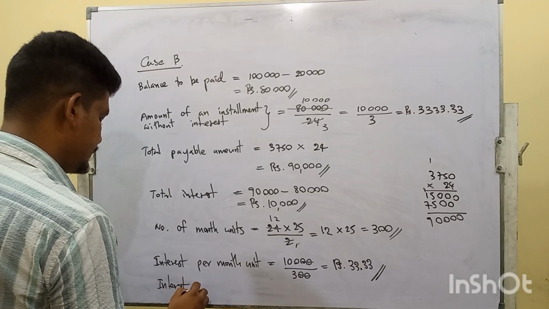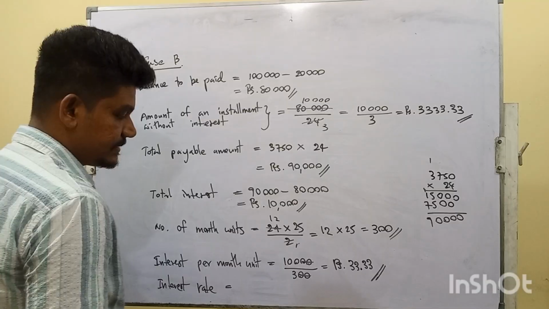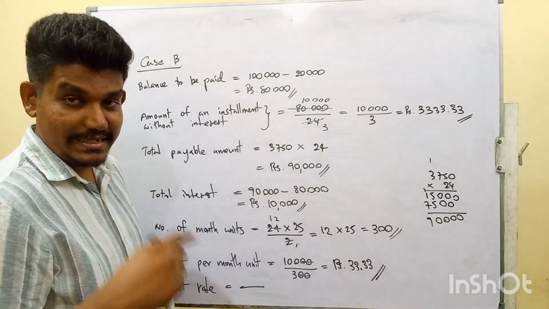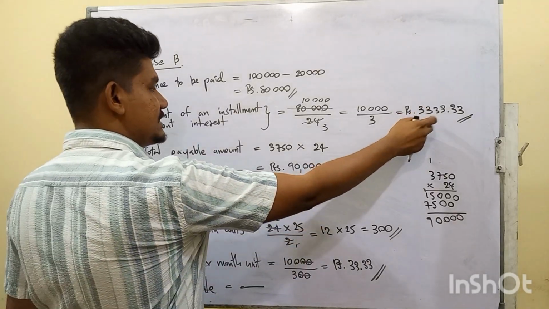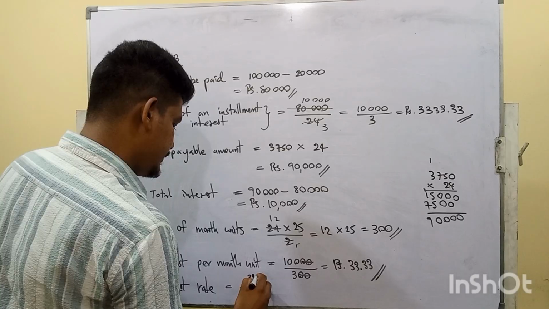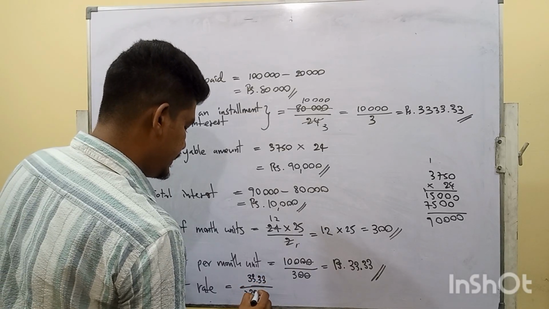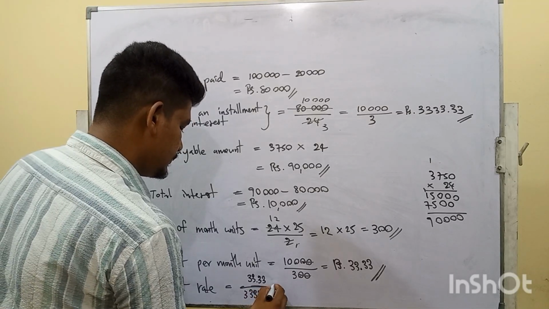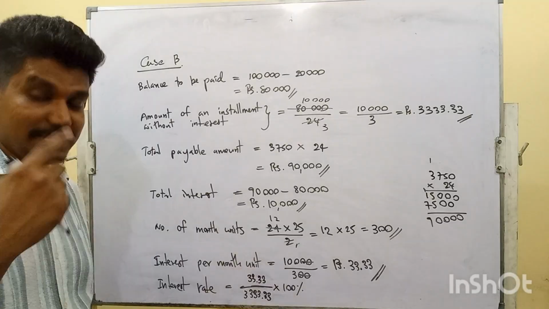Interest rate is interest per month unit over installment, right? What's the installment? We know the installment is this much, without interest. So 33.33 over 3,333.33 times 100%, because we have to convert the fraction into a percentage.